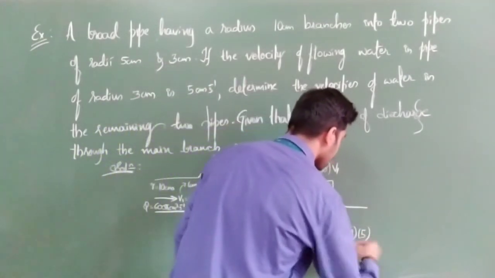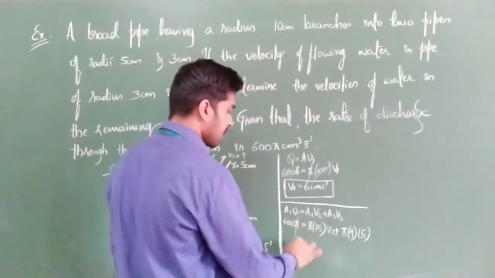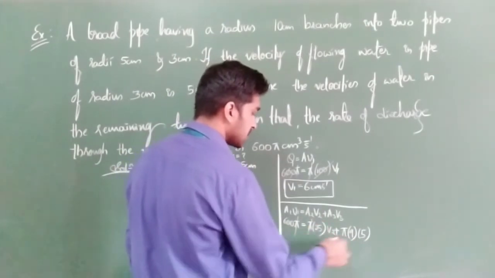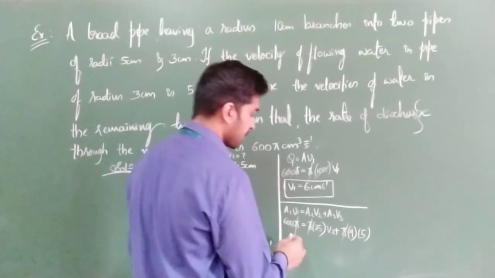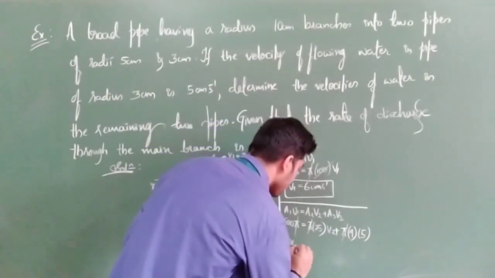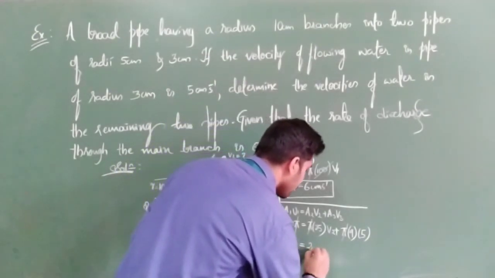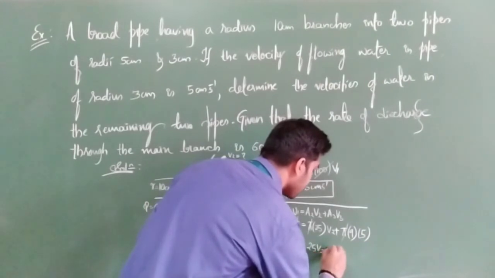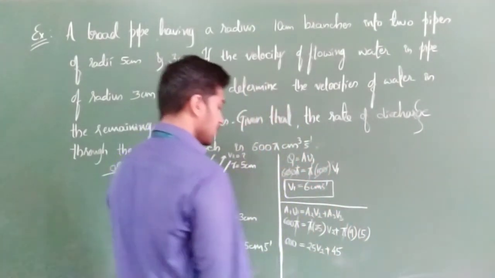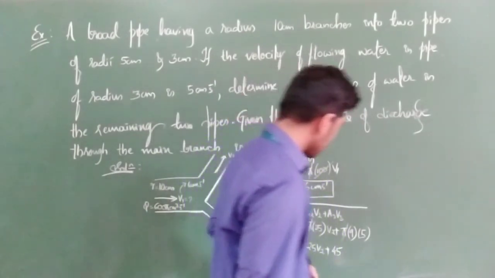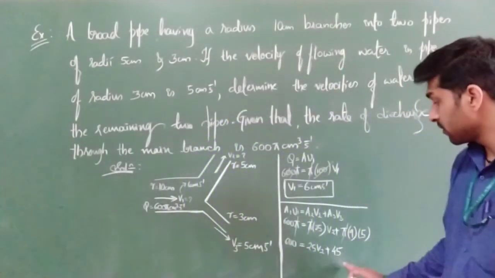Clear? So first of all, you can take pi common here and cancel with this pi. Pi will cancel. So 600 is equal to 25 V2 plus 9 5s are 45. Correct? So now come to this point. 45 you can take to the left hand side.